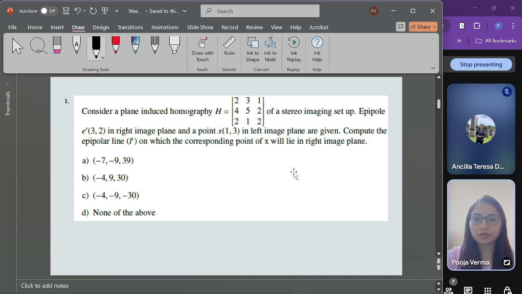Question one: consider a plane induced homography H matrix given for a stereo imaging setup. An epipole E dash, the point 3 2 in the right image plane, and a point X, 1 3 in the left image plane are given. Compute the epipolar line L dash on which the corresponding point of X will lie in the right image plane.